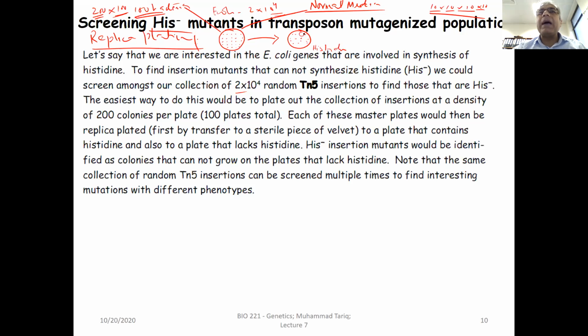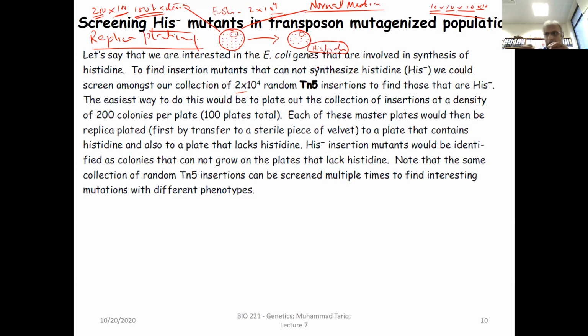Where we see gaps, these ones are histidine mutants. They cannot synthesize histidine and they cannot grow because now the media lacks histidine. This is like a minimal media. Do you recall it now? Yes, sir. We did this in yeast auxotrophic screens.